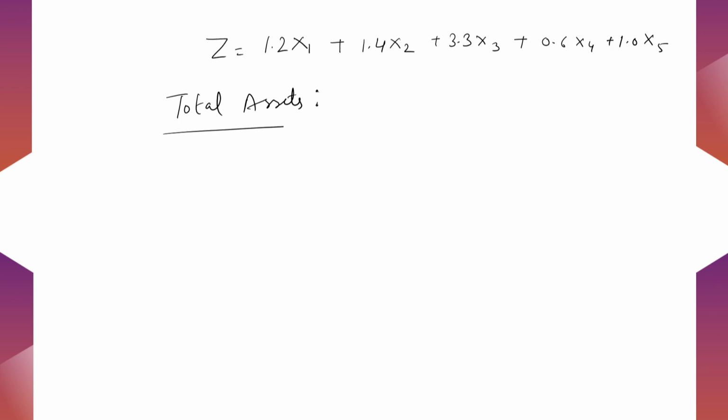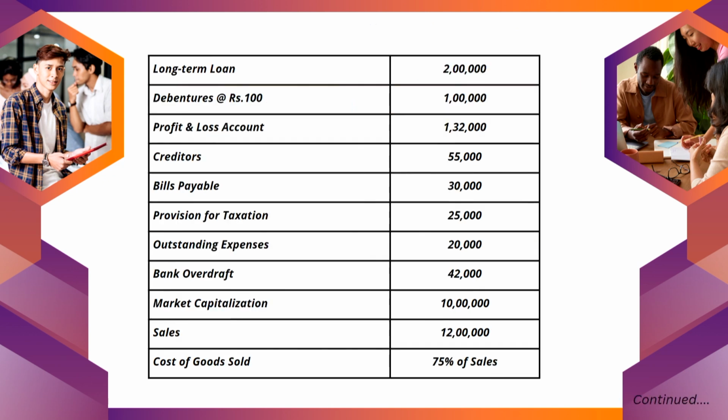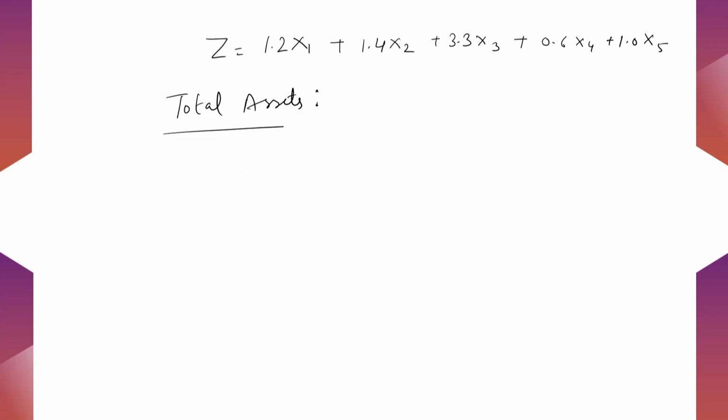As you can see in the question, we are provided with fixed assets like plant of 3 lakh, machinery 2 lakh 80,000, and long term investments are also given. Then we are given stock, debtors, cash, which are going to be our current assets. Then we have an intangible asset in the name of goodwill for rupees 25,000. So I am discussing all these under the heading of total assets.